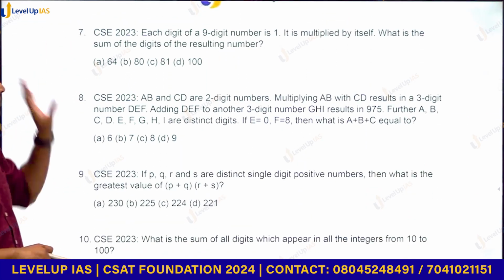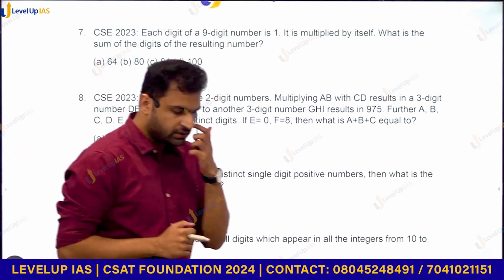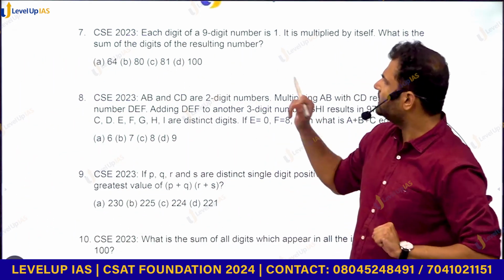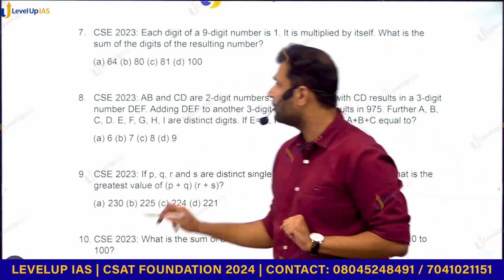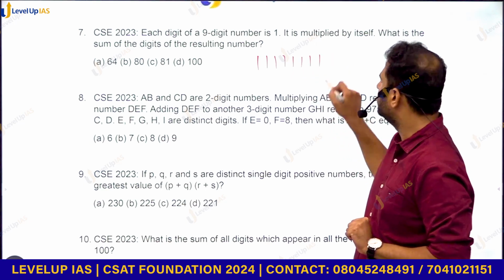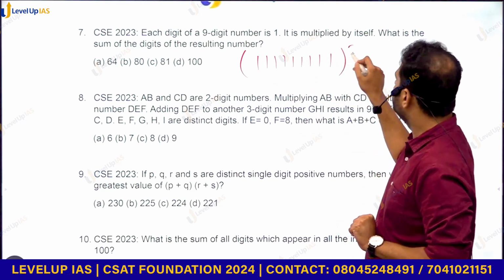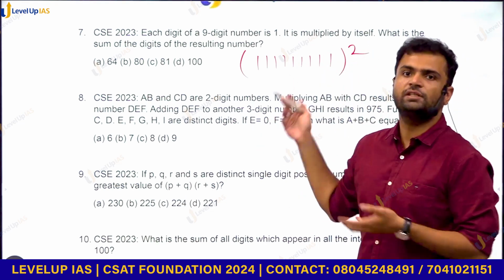Now let us come to the simpler questions. Now there is this 9-digit number and all the digits are 1. So we have this number 111,111,111, and we are asked to square it, multiplied by itself. Number multiplied by itself is a square.